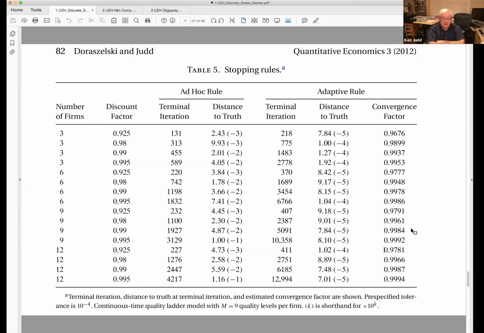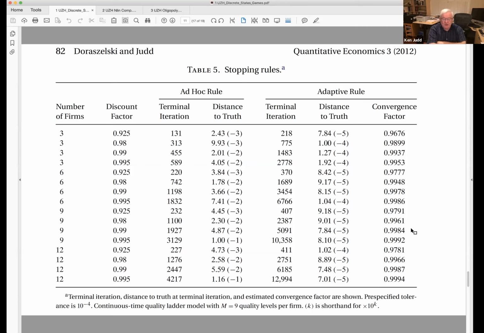Because one thing that is true in empirical I/O is that they have a tendency to do these iterations and stop when, let's say, the first 3 digits of everything agree between 2 iterations. Now, as we saw in some examples, that's a very bad idea, because you don't know the rate of convergence. Even if things aren't changing in the first 3 digits, that doesn't mean you're close to the solution.